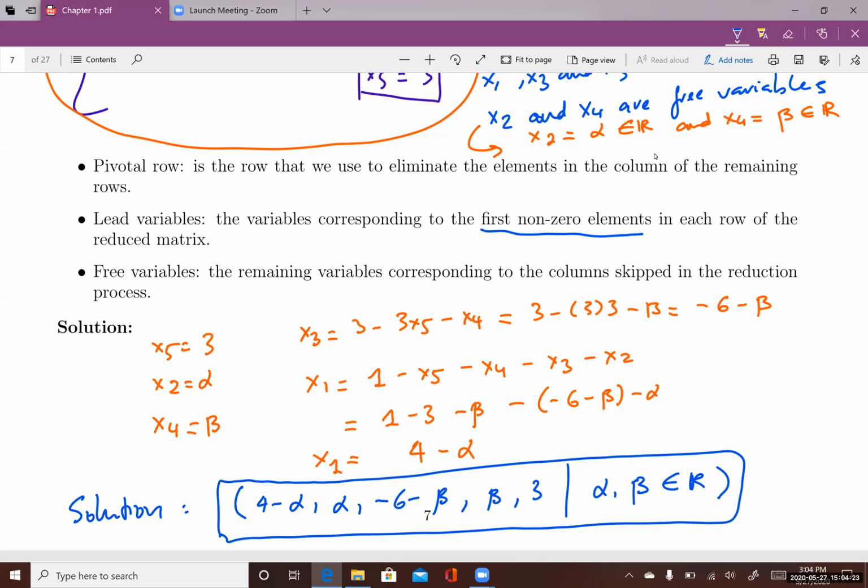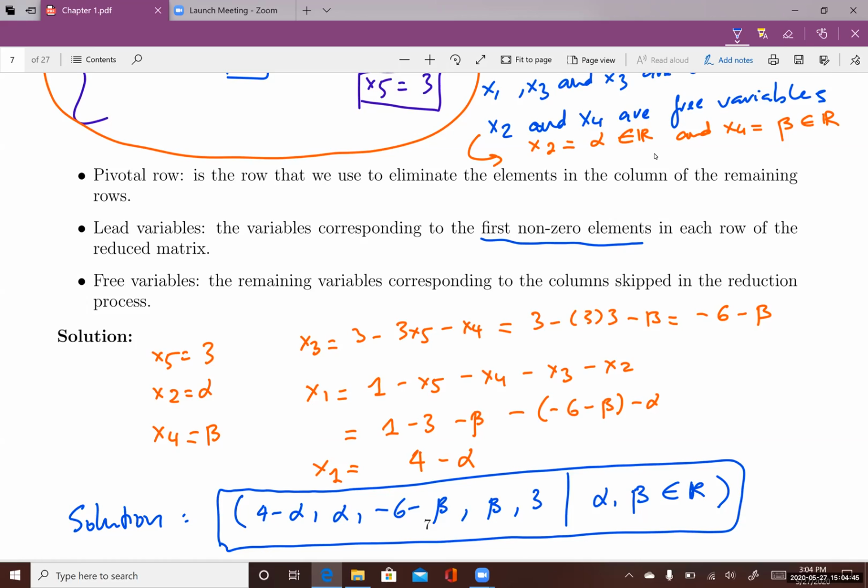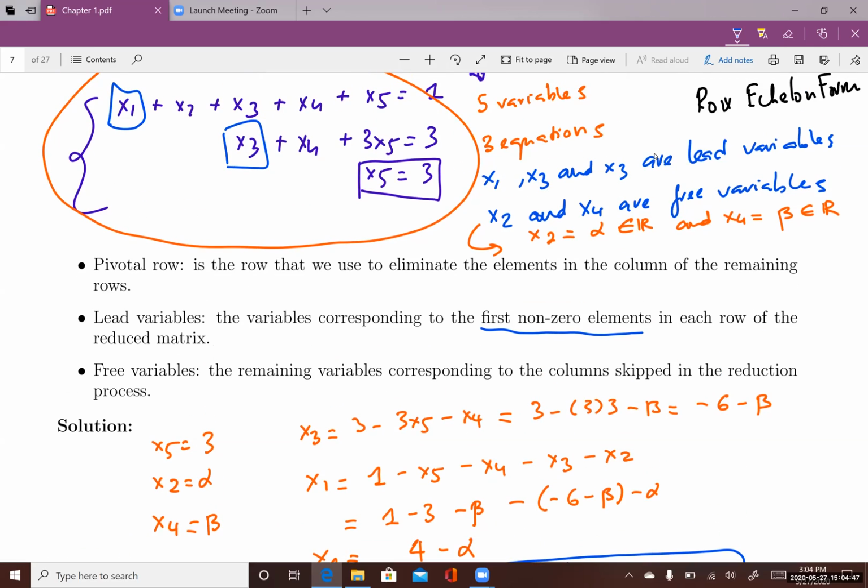And this is how you describe your solutions. If you assign a value for alpha and beta, you can figure out x1, right? x3 and x5 are already fixed. So for any value of alpha and beta, you will have a solution corresponding to those values. And you have infinitely many values for alpha and beta.